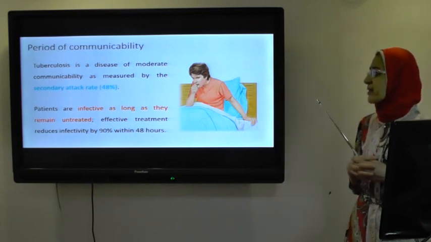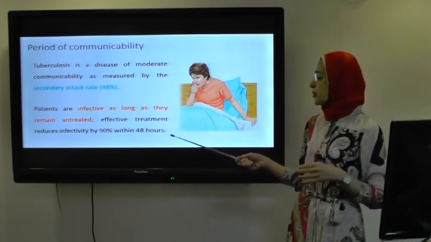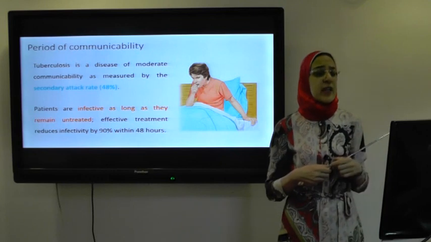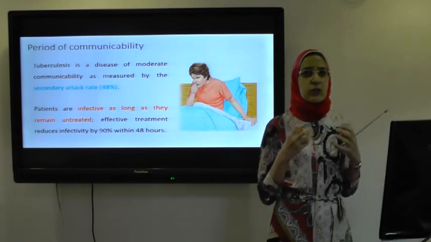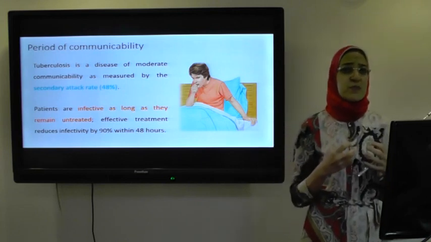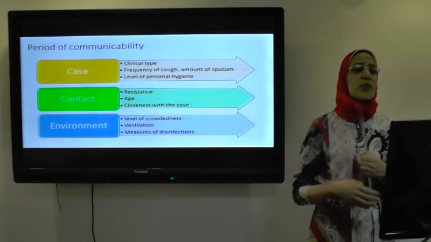So they are infective as long as they remain untreated. Effective treatment reduces the infectivity by 90% within 48 hours. And that's why receiving antimicrobial chemotherapy for TB is very important to reduce the communicability of the disease.